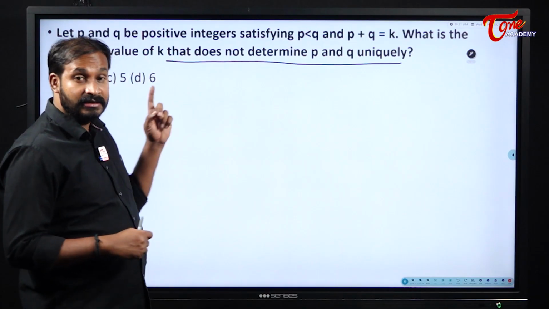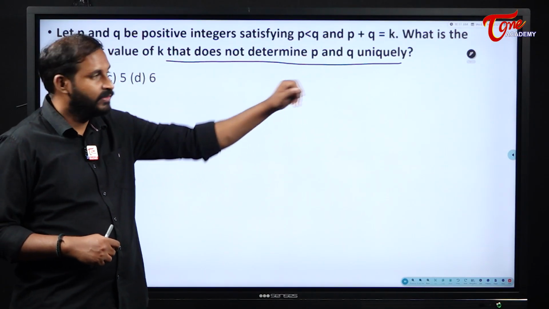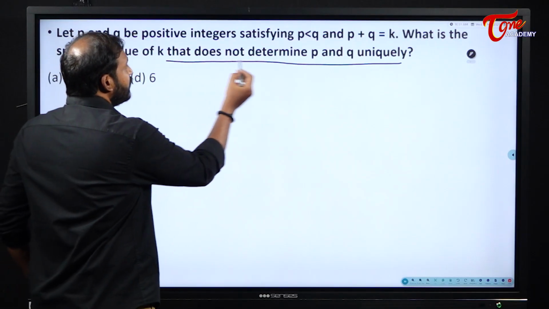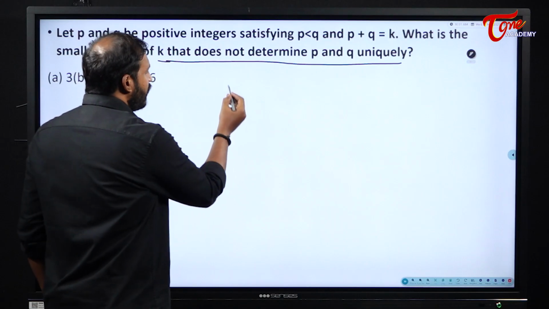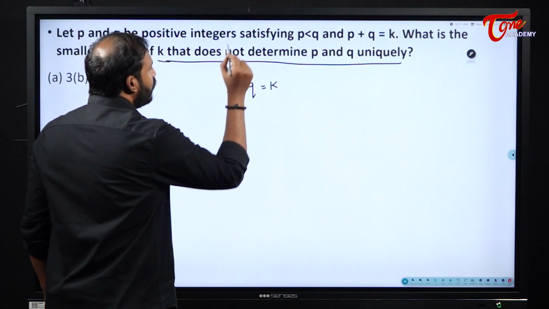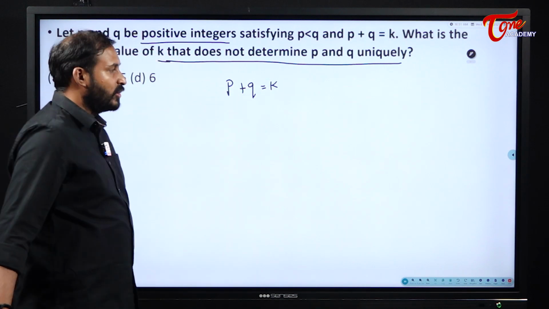We came across this in the concepts of number system. Now what they are telling here is P plus Q, with P and Q being positive integers.